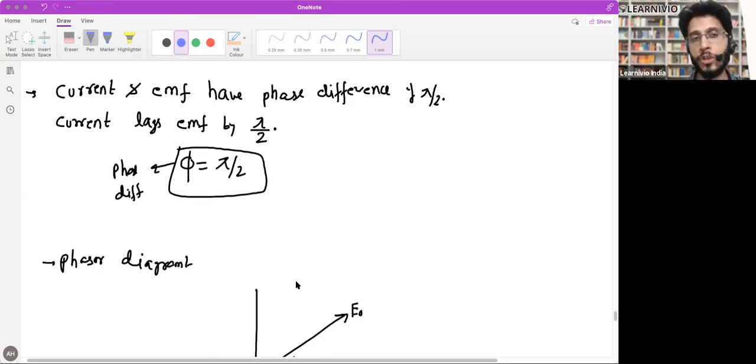In AC, it's possible that when your current is maximum, your EMF is 0, and when your EMF is maximum, your current is 0. So, the phasor diagram.